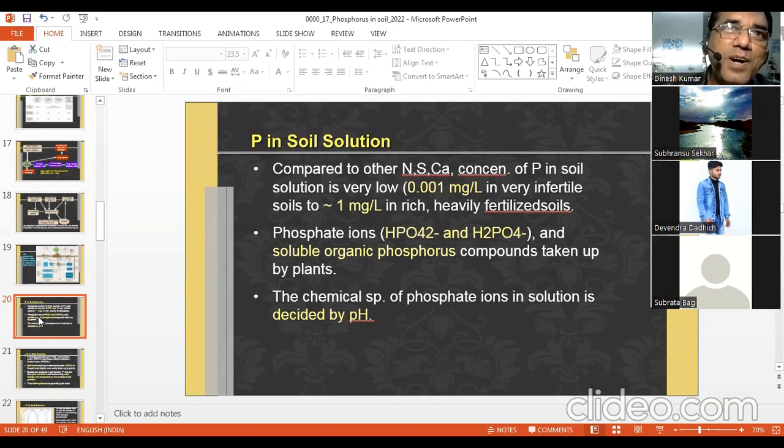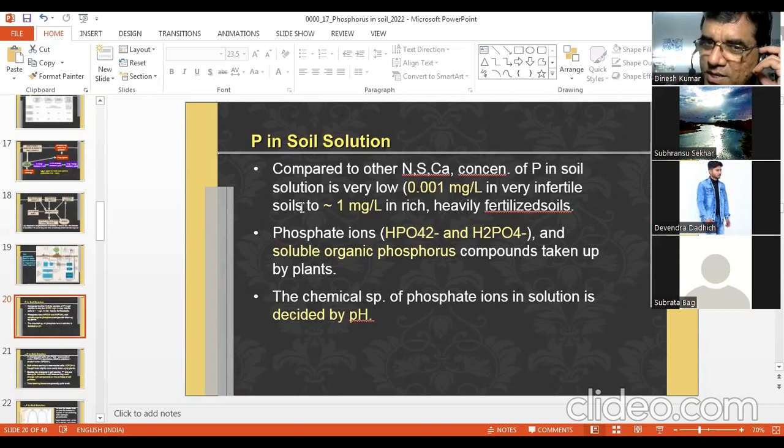So out of 100, only 0.5% is available or soluble phosphorus. Compared to other macronutrients like nitrogen, sulfur, calcium, the concentration is very low, maybe 0.001 milligram per liter in very infertile soils.